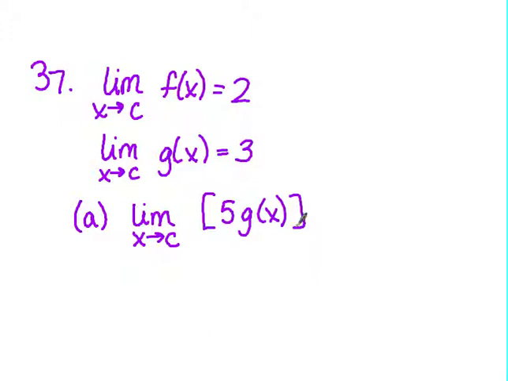So if you notice, it says the limit of g of x is 3. Right? So what do you think your answer is going to be on this one? Somebody just take a stab in the dark. 15. How'd you get 15? You plug in g of x, which is 3, and you're going to take that times 5. So your answer there is 15.